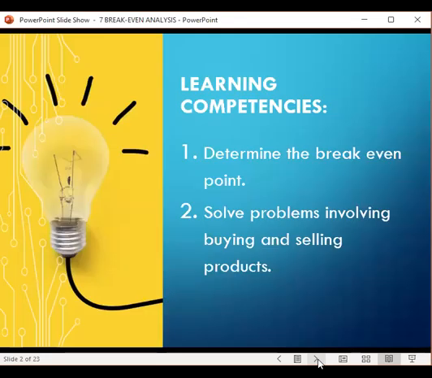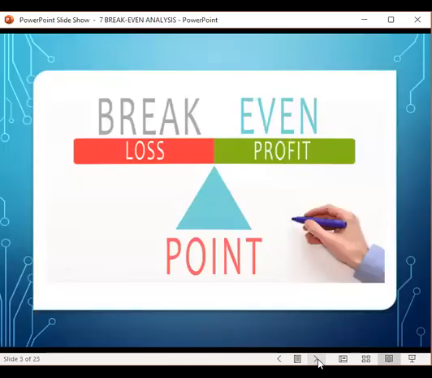So our learning competency for this lesson, we determine the break-even point and we solve problems involving buying and selling products. So when we talk about problems involving buying and selling products, it involves gaining profit, incurring loss, or reaching the break-even.